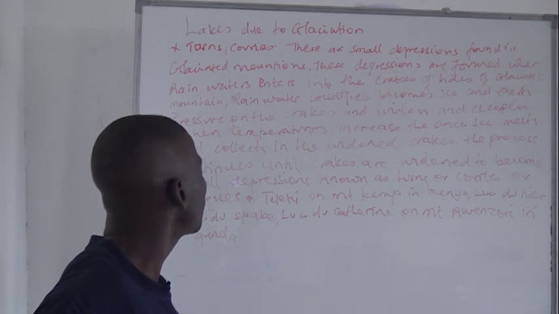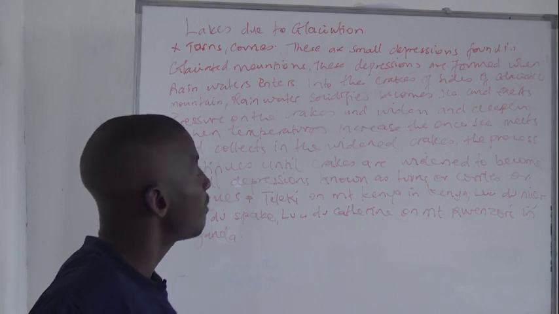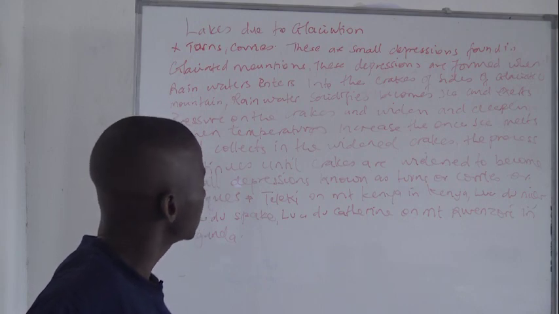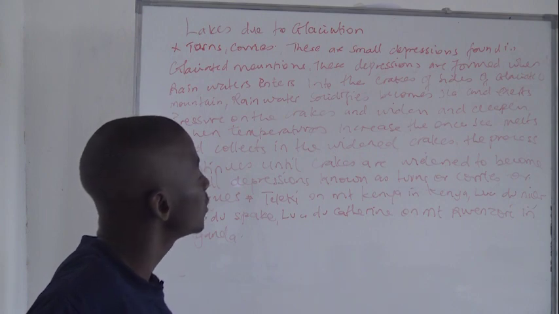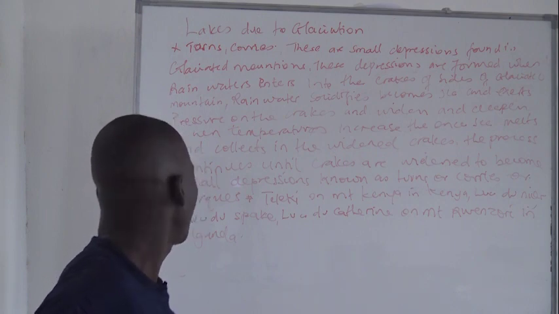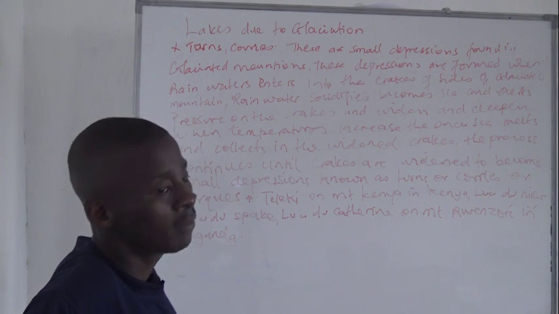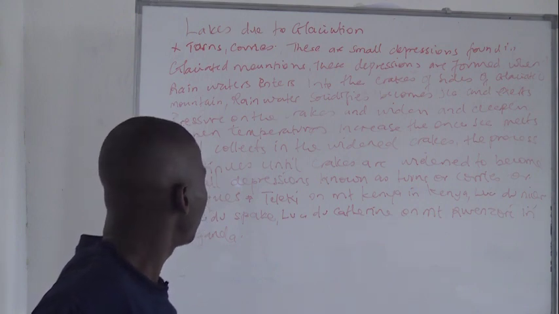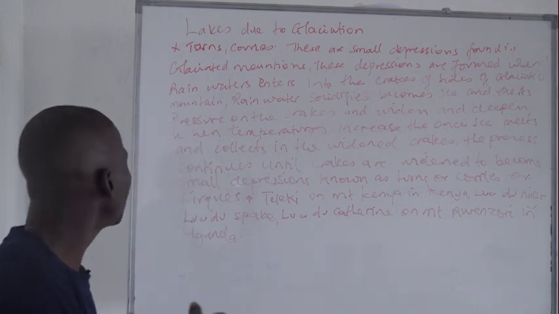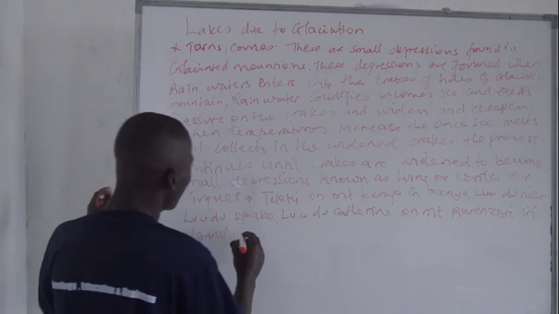Now, these tarns or corries are filled with water, especially rainwater, to become small lakes. Such lakes, we can find them on Mount Kenya in Kenya, Mount Rwenzori, or Mount Kilimanjaro, the only 3 mountains in East Africa that have ice on their tops. In most cases, these lakes are usually used for tourism.